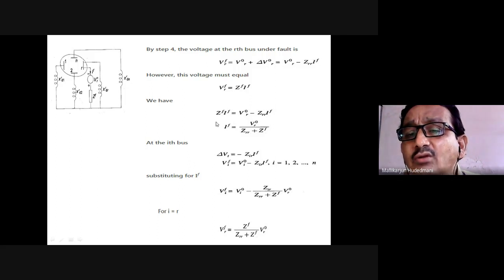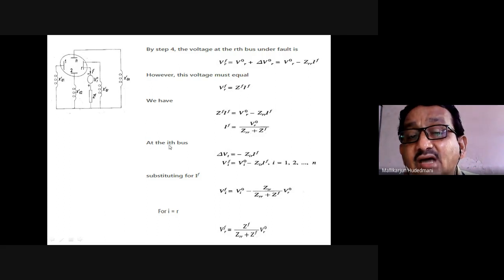Now, what will be the similar change in voltage? VRF is the post fault voltage at bus number R. Similarly, what is happening at bus 1, bus 2, bus 3, bus K, bus M, bus N? Therefore, for the ith bus, what would happen?